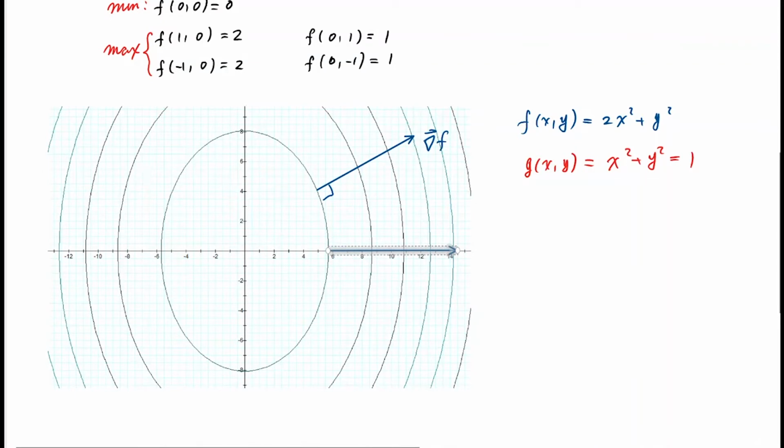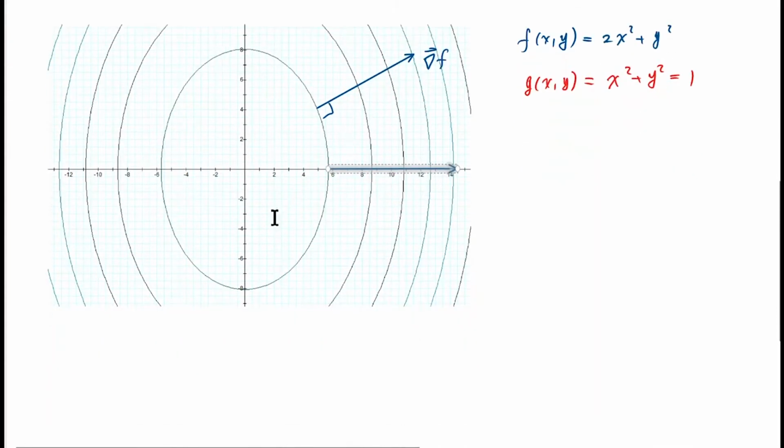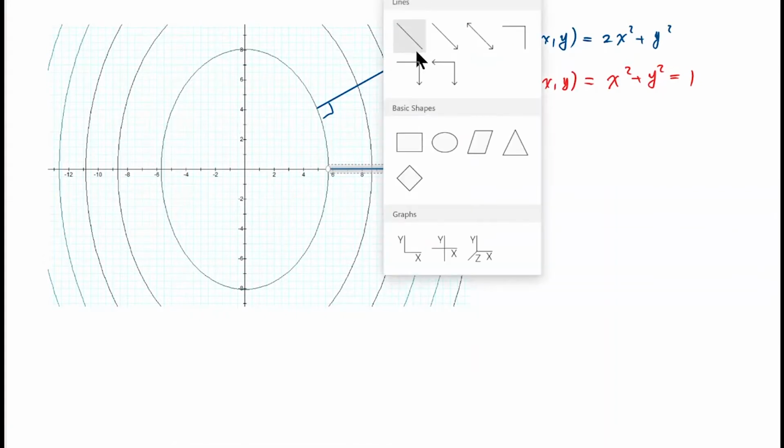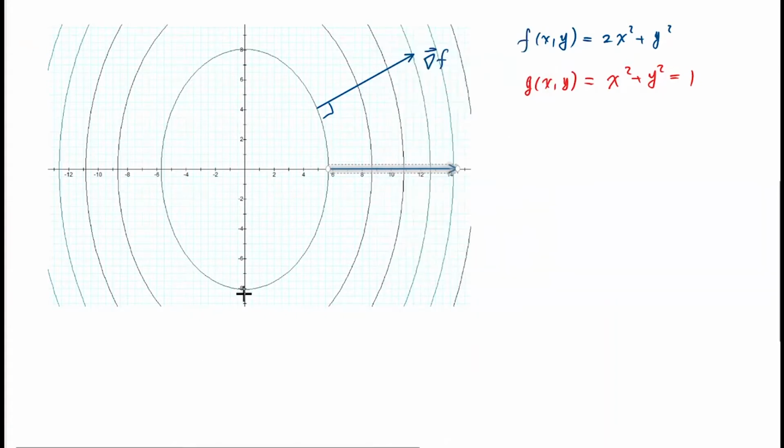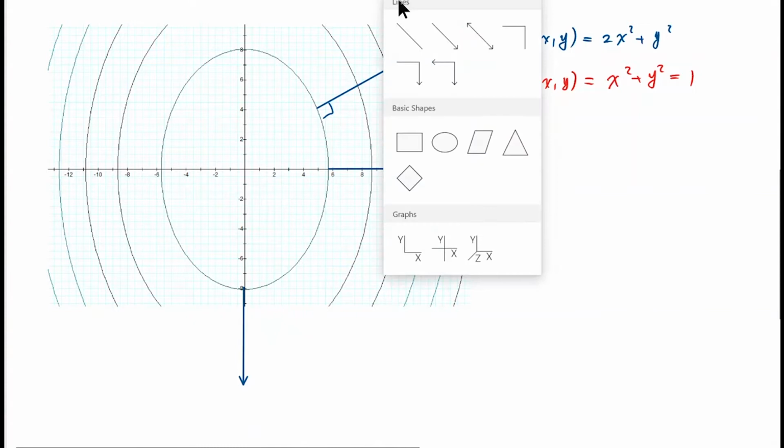And then let's say gradient of f down here, maybe. And let's do it right there. We're pointing straight down like this. You with me? Everywhere.